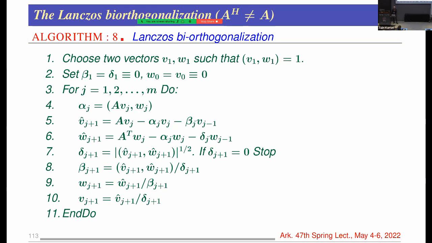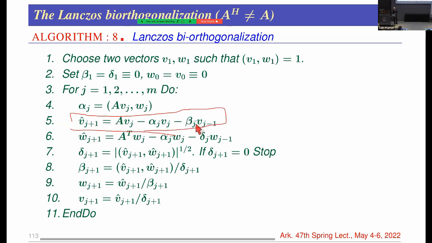Now I'm going to talk very briefly about the biorthogonalization methods, for the non-symmetric case. The Lanczos algorithm has been generalized to the non-symmetric case by using both A and A transpose. If you look at only this part here, it's exactly like Lanczos.